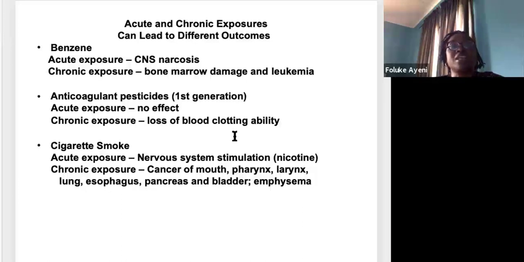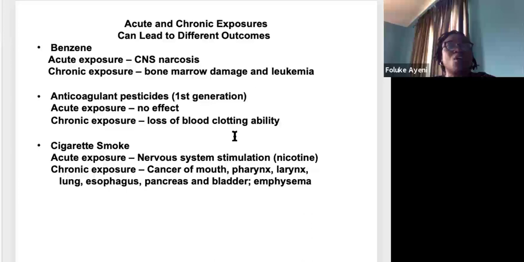And then when the exposure becomes chronic, it leads to bone marrow damage or leukemia. So exposure to benzene could be caught at the point of acute exposure to prevent the development of the further damaging effects on the bone marrow.